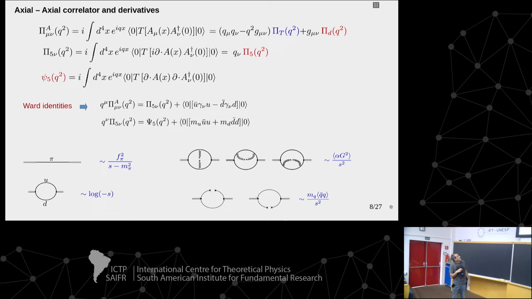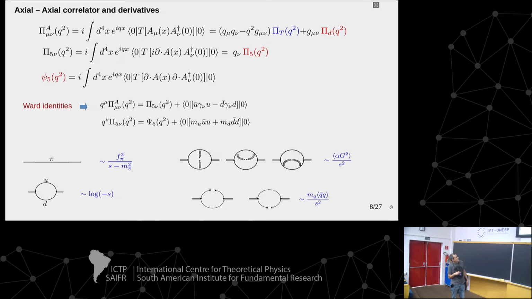So here is the axial correlator, with a transverse part and a diagonal part, parameterized in this way. Pi 5 is the correlator with one derivative of the axial current, and psi 5 is the correlator of the derivatives. And there is a Ward identity, so these two are related by this Ward identity.